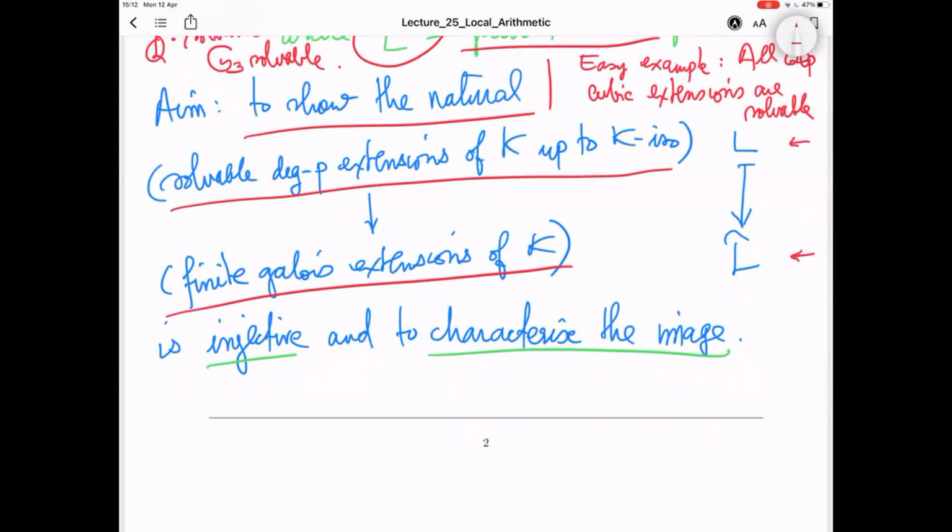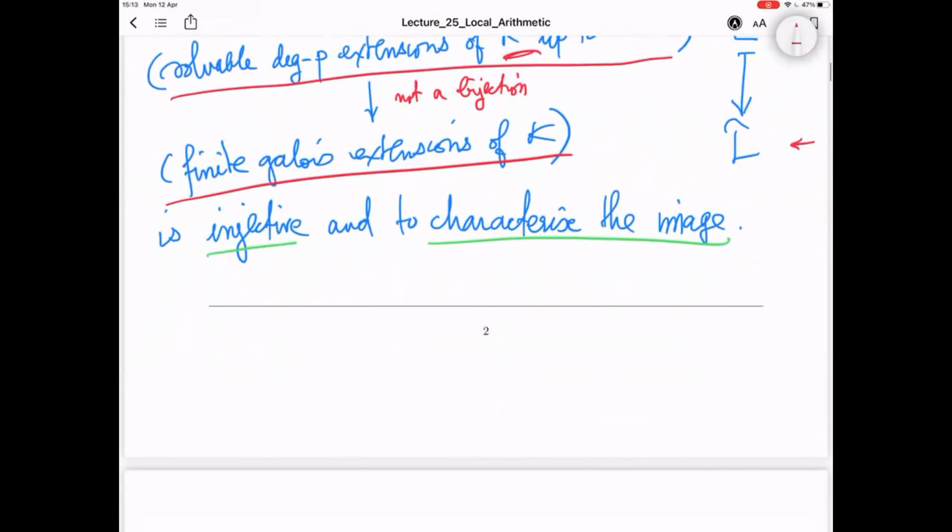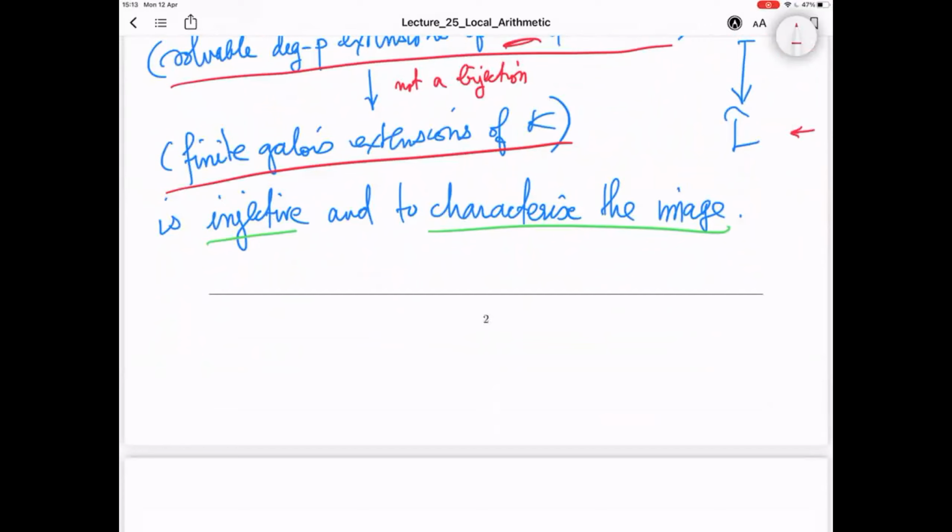That's going to be a finite extension of our field K. And of course, this is not a bijection, far from it in general, but what we will show is that it's injective, and we will characterize the image.